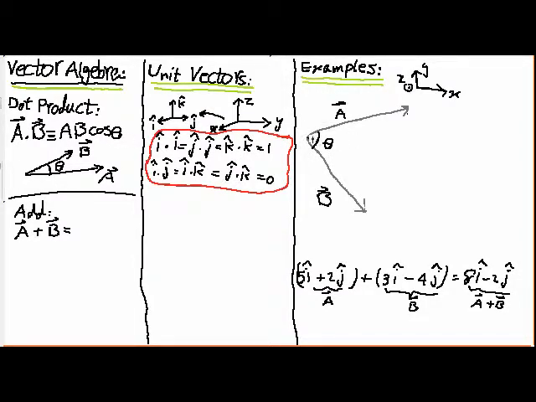So maybe the best thing to do is to pick a ruler and measure the size of this guy from here to here, and that would be A, and the size of this other guy from here to here, and that would be B, and then use some devices to measure this theta, and then replace everything into this equation and get the result. Now who really wants to do that? Nobody.